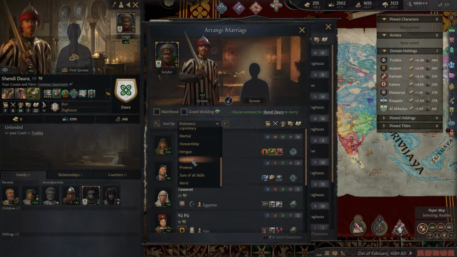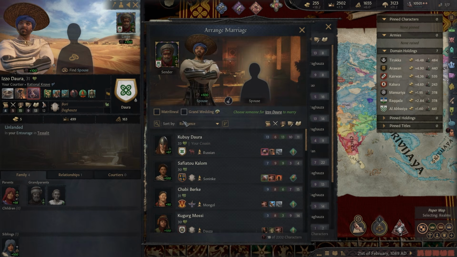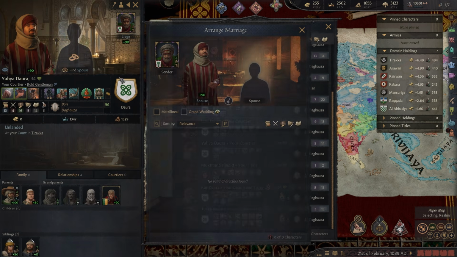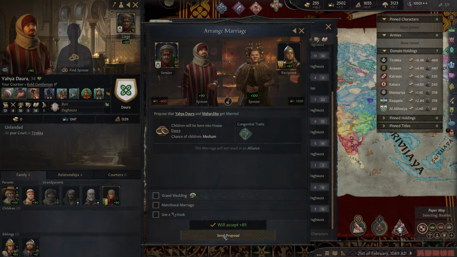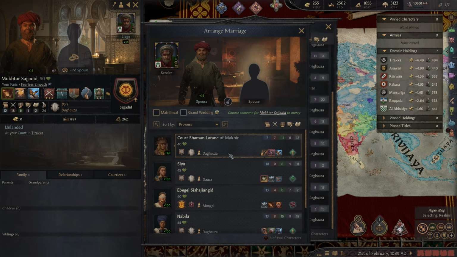You. You're going to marry that one. You. You're going to marry Saul. Right. You are going to marry that person. My Faris, age 50. You're going to marry that person.